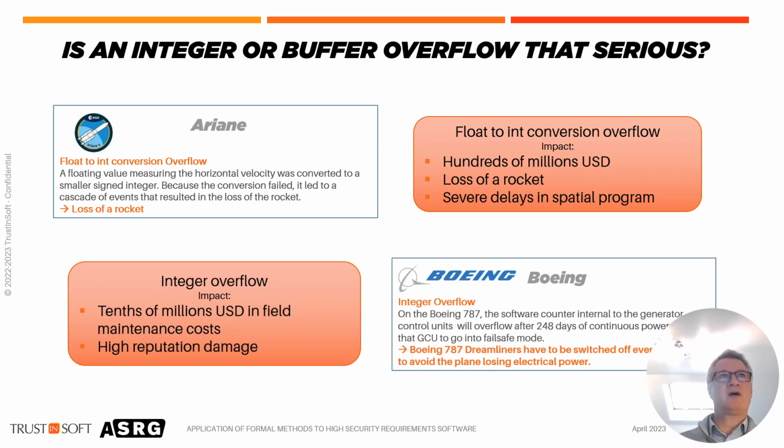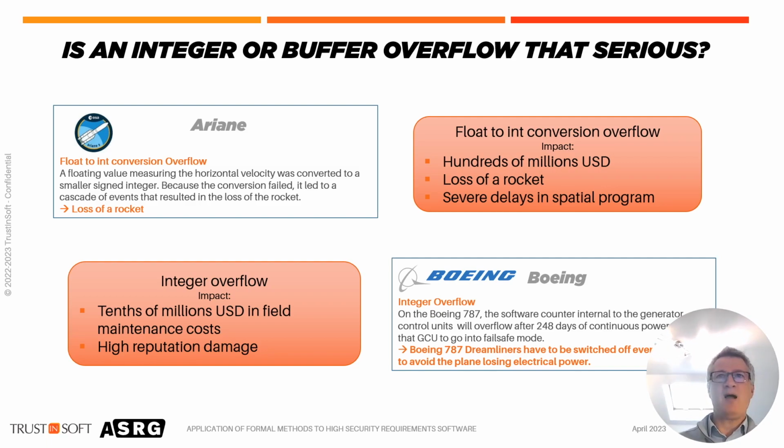Okay, another example, also related to software. It's an integer overflow in that case. The software counter internal to the generator control unit of the Boeing 787 Dreamliner overflows every 248 days. That's exactly the time it takes to reach the maximum integer value if you tick every 10 milliseconds.